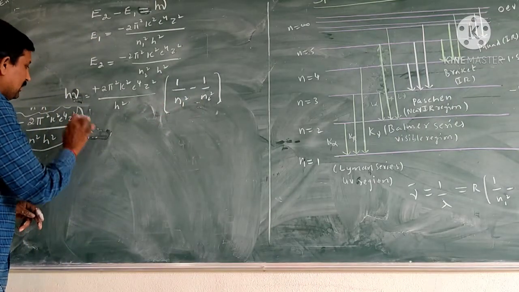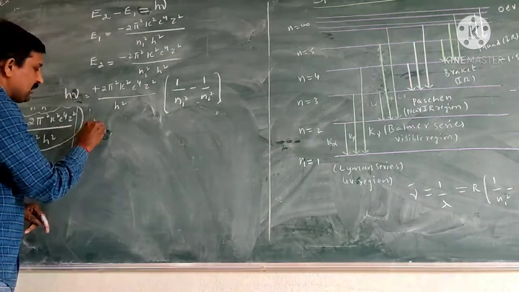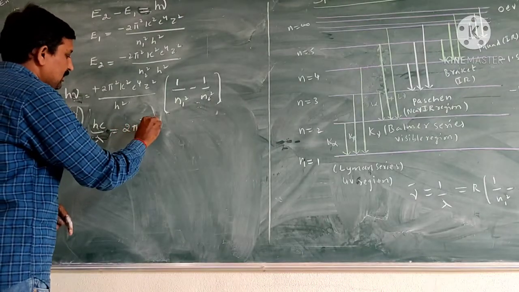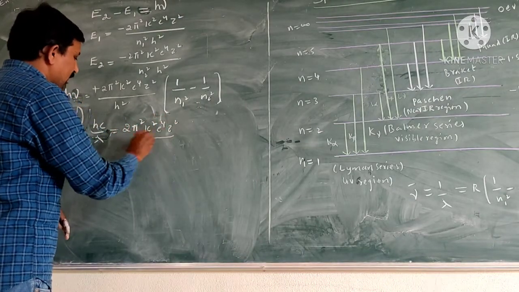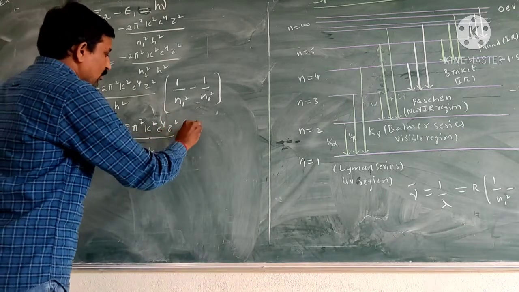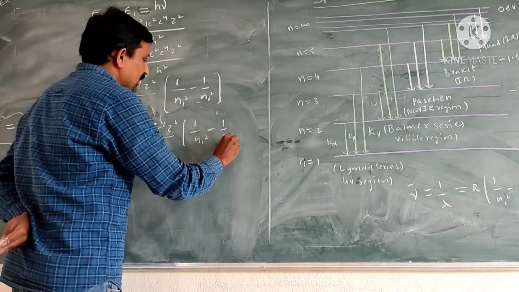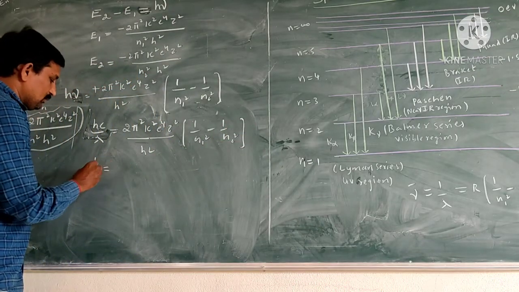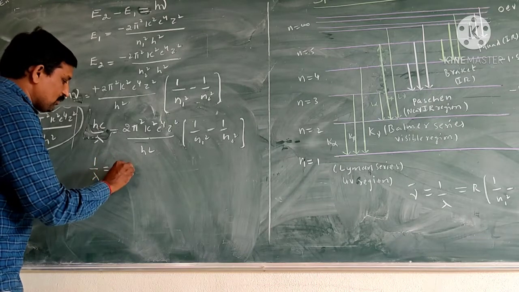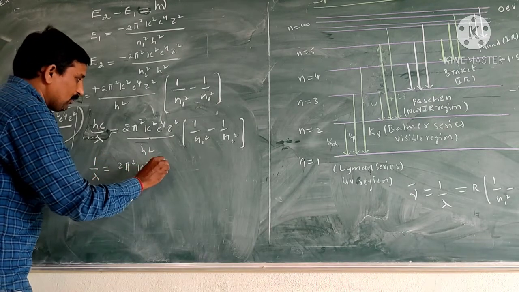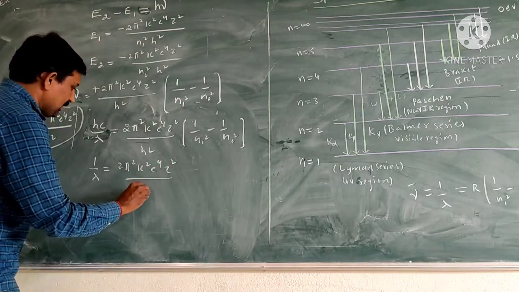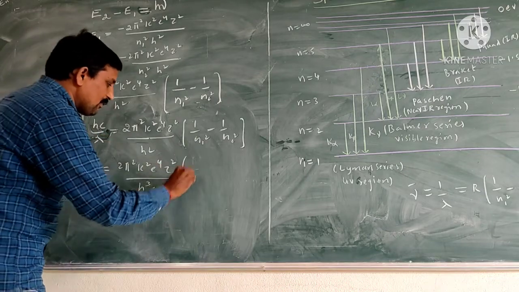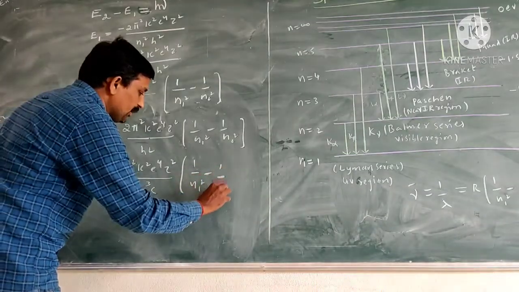Nu is equal to c by lambda, so hc by lambda is equal to 2 pi square k square e power 4 z square by h square into 1 by n1 square minus 1 by n2 square. So 1 by lambda is equal to 2 pi square k square e power 4 z square by h cube c into 1 by n1 square minus 1 by n2 square.